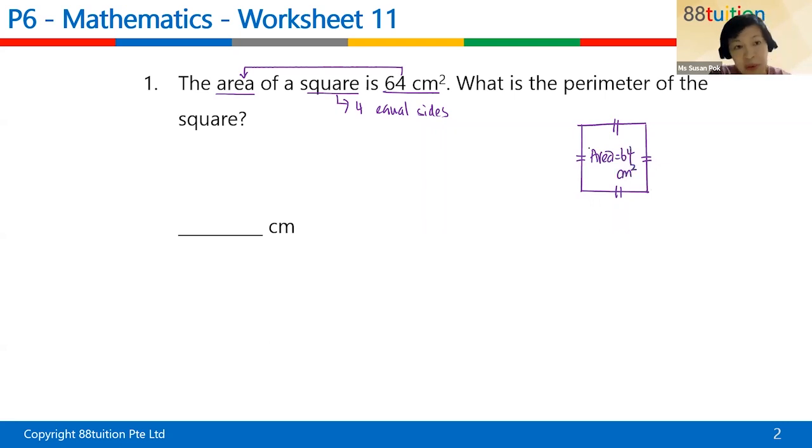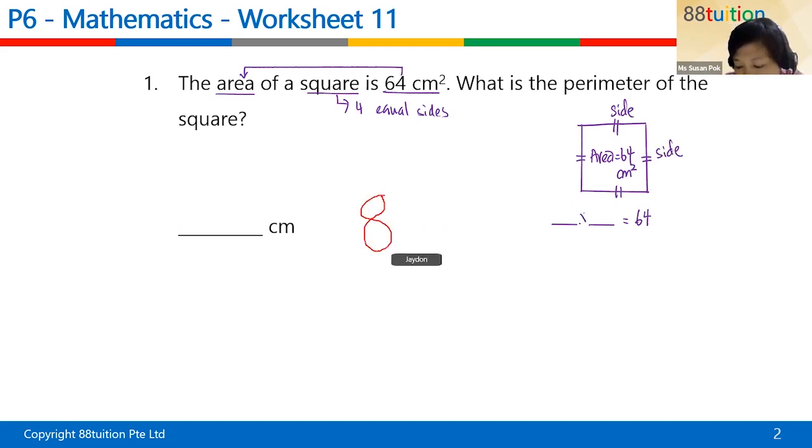In order to find one side, what can I do? Let's ask Jaden. Jaden, you are first to be called, so lucky. What can be multiplied to give you 64 when all the sides are equal?